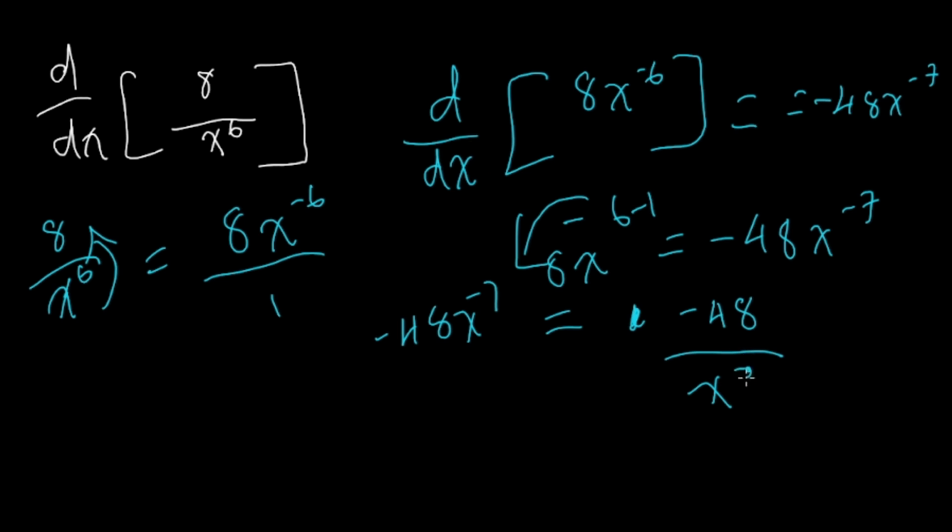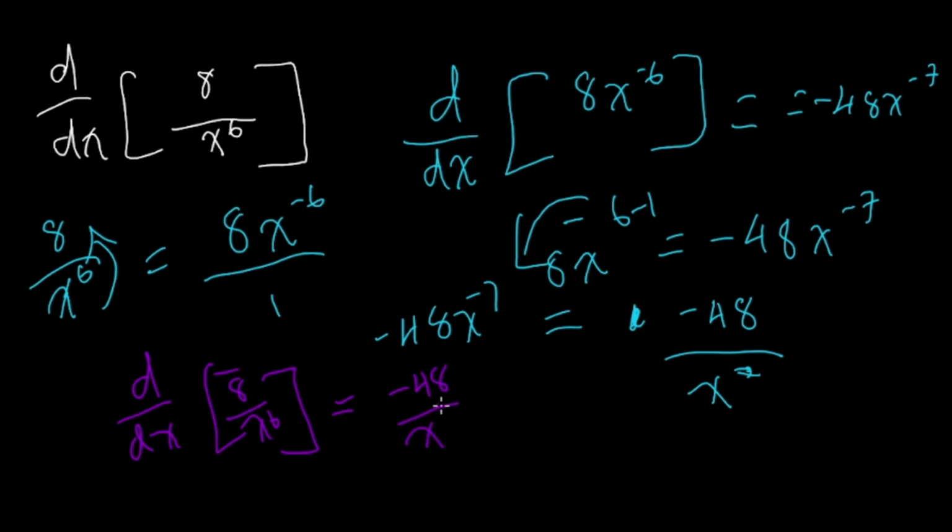Okay, fine, that's our final answer. So basically, the derivative of 8 over x to the power of 6 is equivalent to negative 48 over x to the power of 7. That's how you go about it.